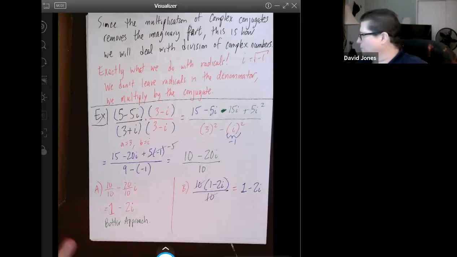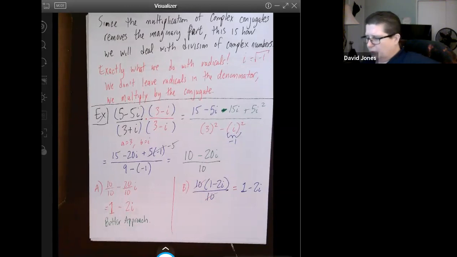So both skills are good. The first one, splitting them into two fractions, is more useful in the long run, but you should be comfortable with being able to factor stuff out and cancel. Which is a lot more useful in other things, but it is a math skill.